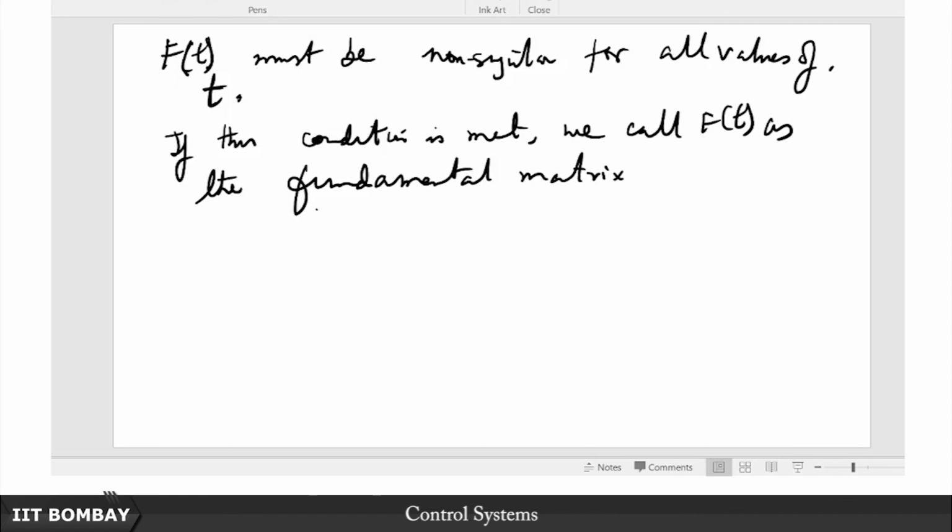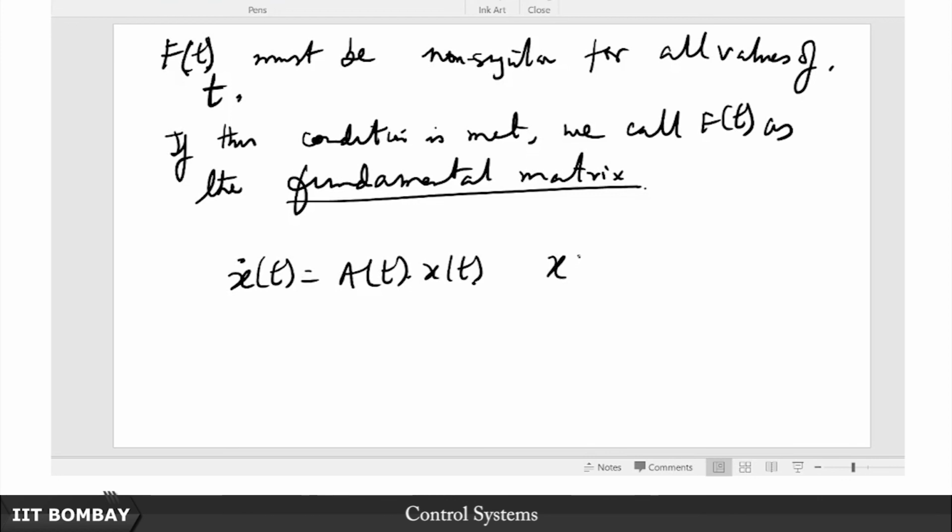So what is this fundamental matrix? To summarize, you have x dot of t equal to A(t) x(t), and some initial condition given like this. You want to solve this.